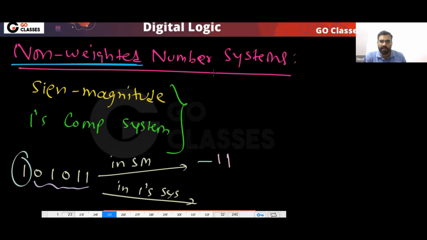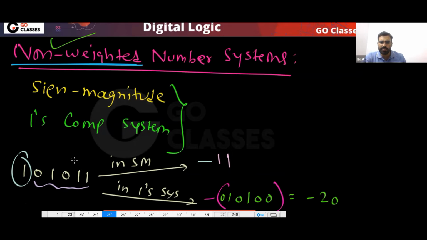In 1's complement system, you will find the 1's complement of this, and this will be 16 plus 4, so this is minus 20. So you can notice these two are non-weighted codes because the positions do not have weight.